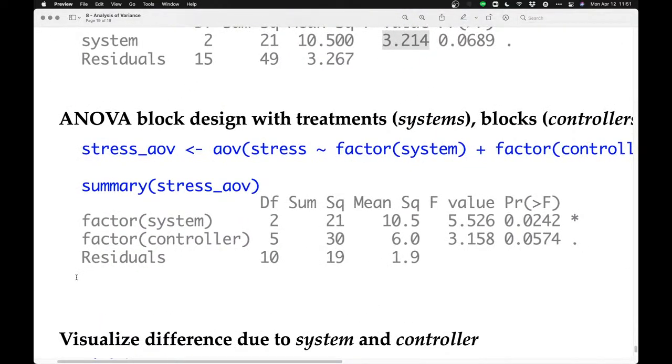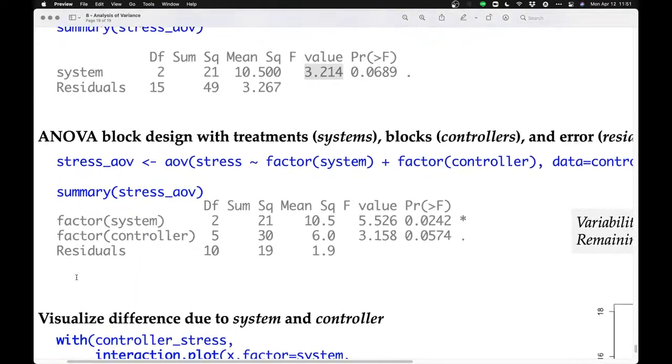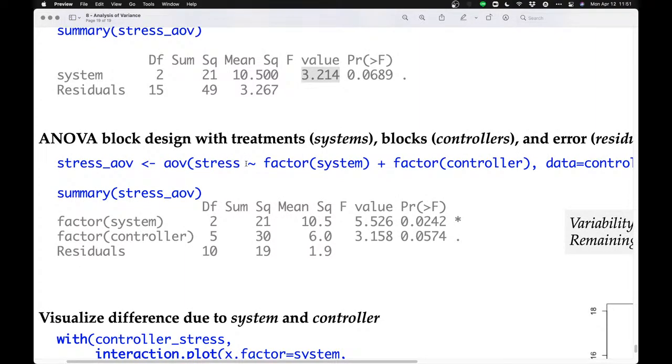However, if we take the different controllers into account, then our model looks like this. We're saying the stress felt by each controller is due to the stress of the system plus their own individual differences between the controllers.